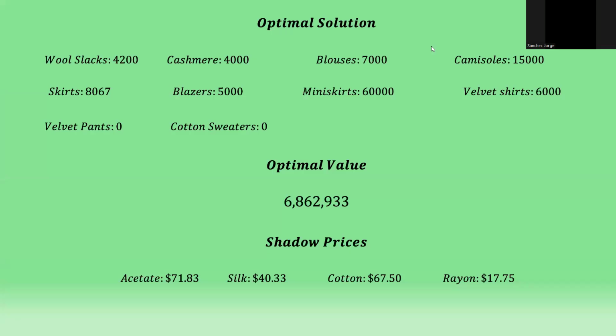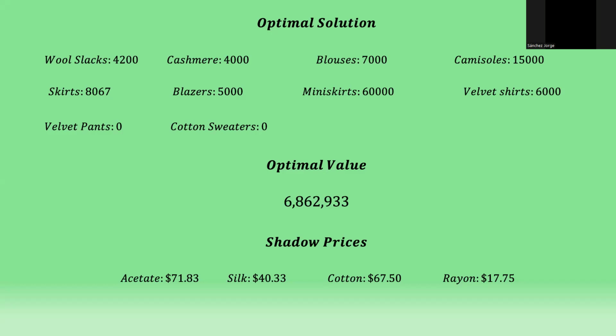We have right here the optimal solution. Because this is a very extensive case, we have a lot of optimal solutions: wool slacks, 44,200; cashmere, 4,000; blouses, 7,000; camisoles, 15,000; skirts, 8,067; blazers, 5,000; miniskirts, 60,000; velvet shirts, 6,000; velvet pants, 0; and cotton sweaters, 0.